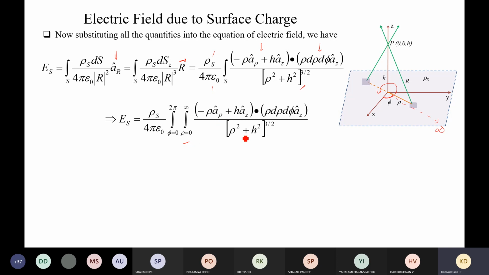When we do this integration, you can see that when you multiply the AZ vector and the AZ vector, you will get 1, and when you multiply the AZ vector and the A rho vector, you will get 0. So before the integration itself, we can cancel out this A rho component so that the integration becomes simple.